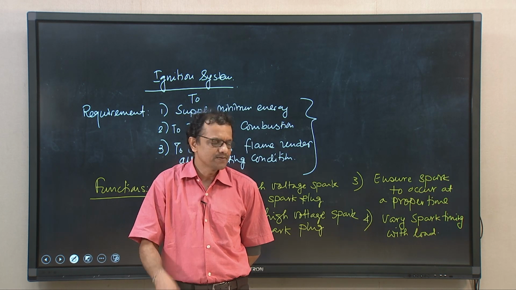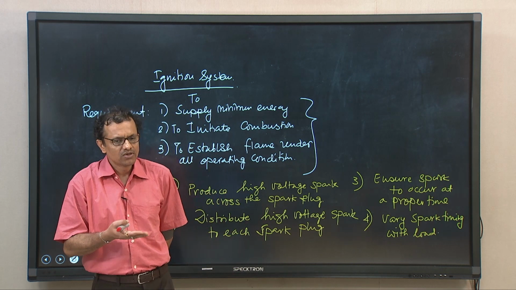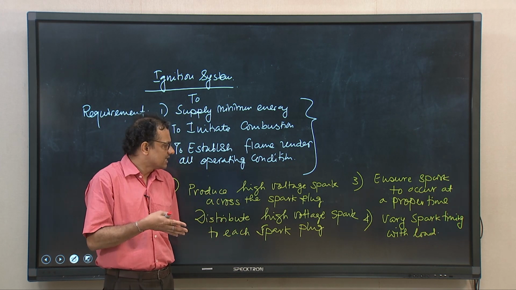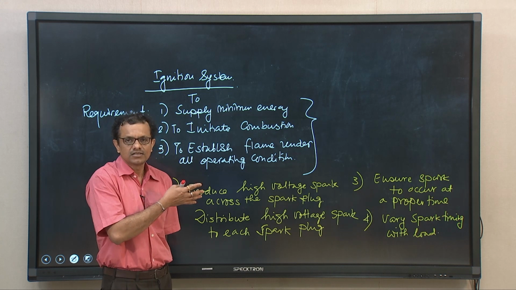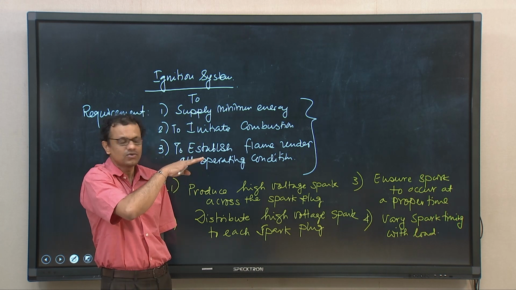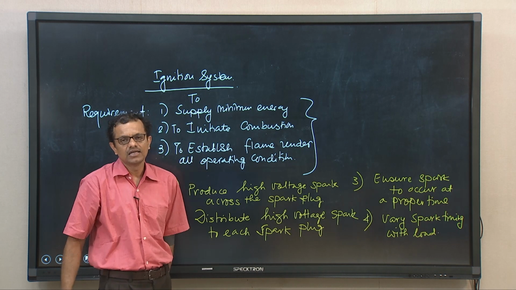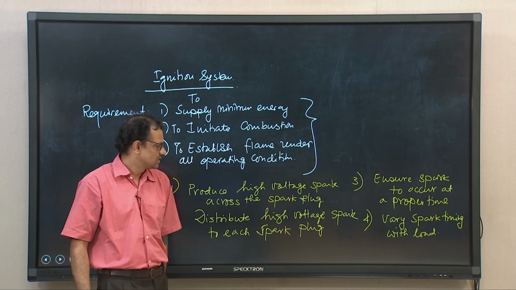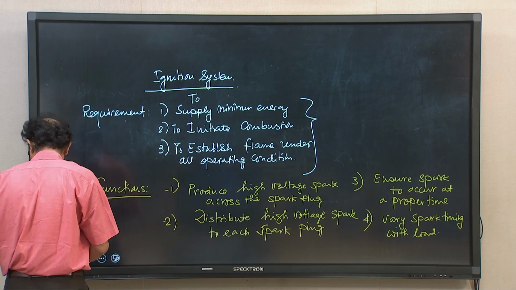The engine might have to bear additional load. In that case, the system should allow to vary the spark timing depending on the load expected from the engine. So, these are the functions of the ignition system.